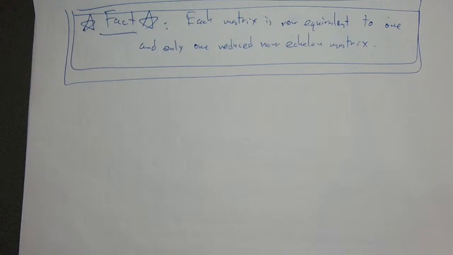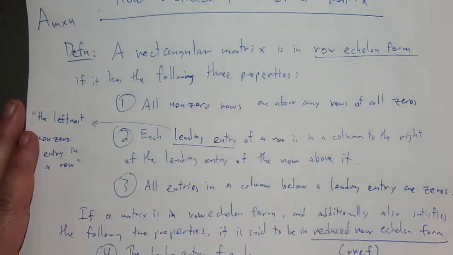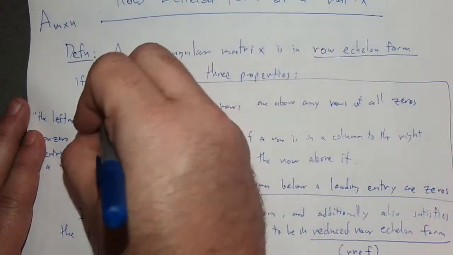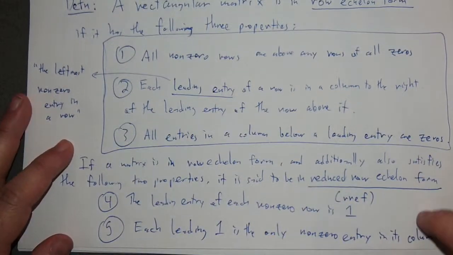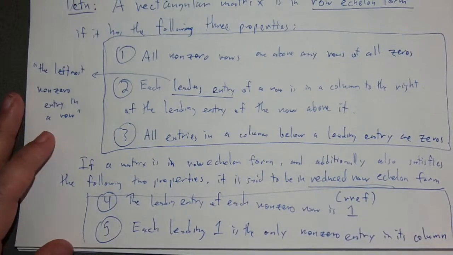The point is that there's a single reduced row echelon form for any matrix. And so what this means is that while row echelon form itself may be simple enough to get you the solution to whatever linear system you're talking about, if you want guaranteed uniqueness of the thing that you are looking at, you have to impose these last two restrictions.